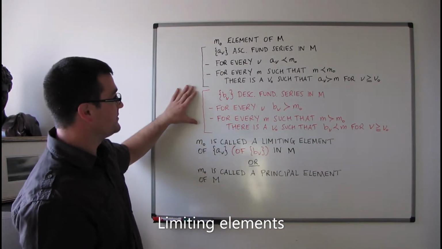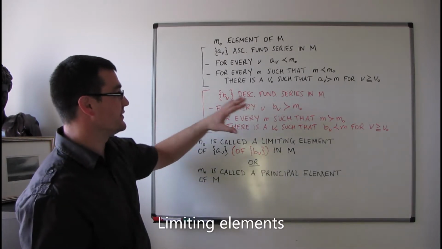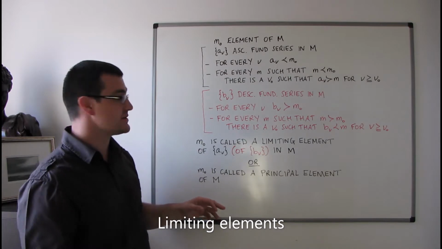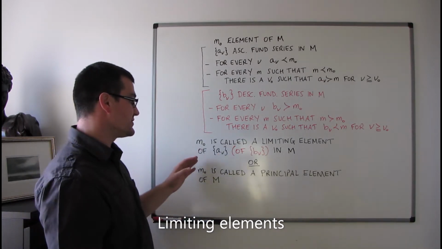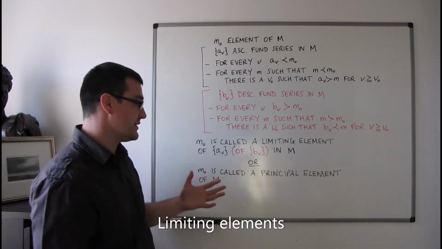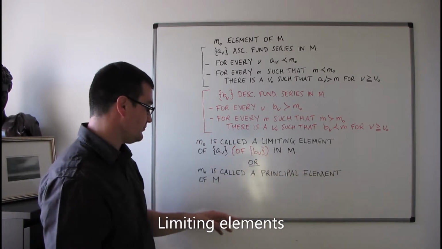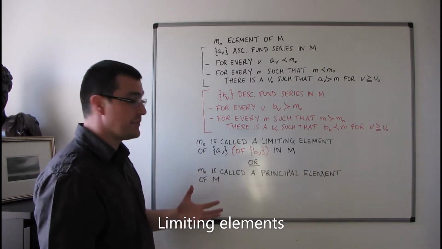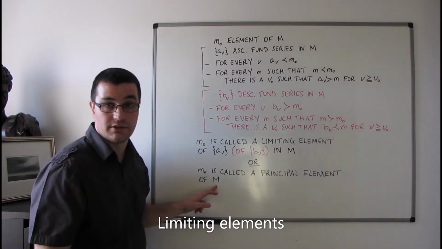And there's a similar definition for the descending fundamental series in M with just a couple of sign changes. Then such an M naught is called a limiting element of our fundamental series in M. Or we can say that M naught is a principal element of our aggregate M.